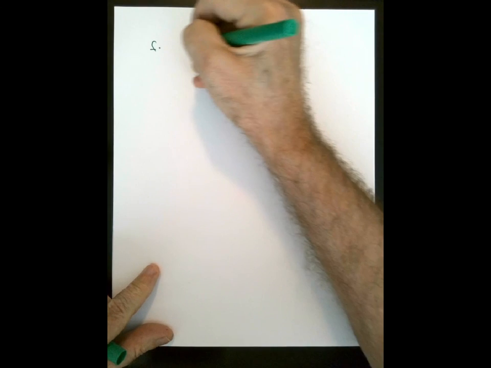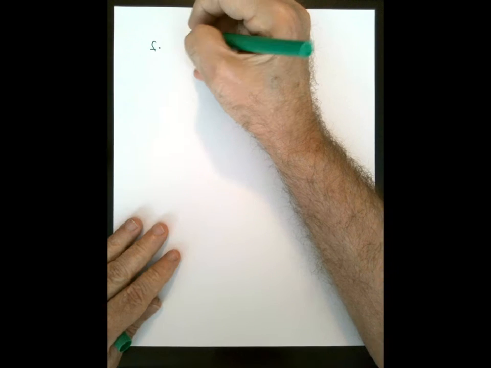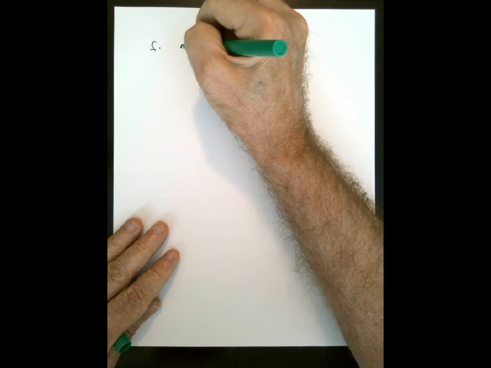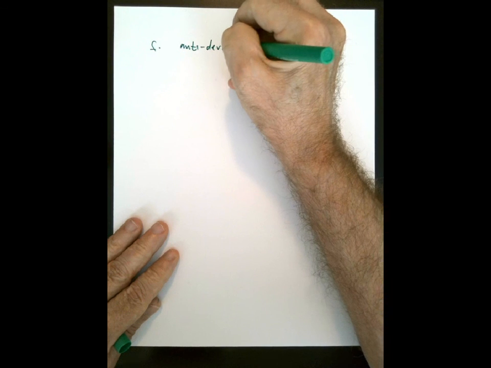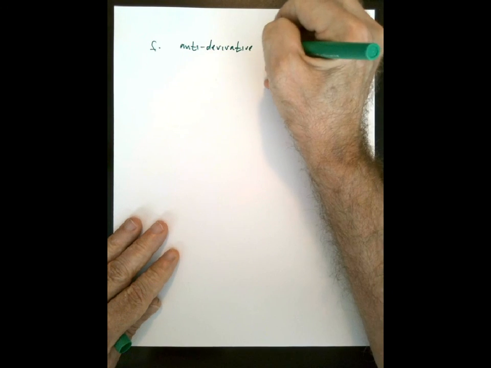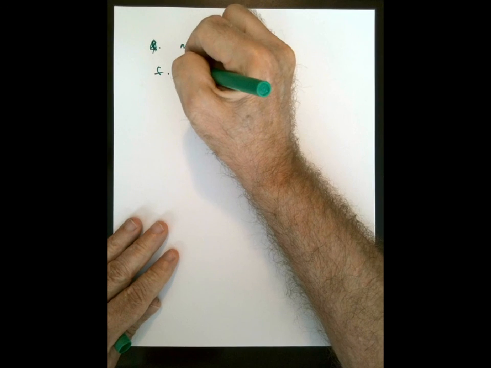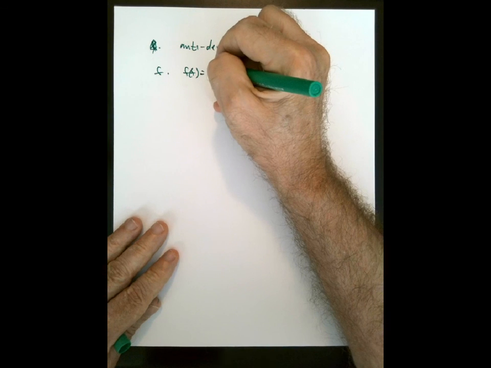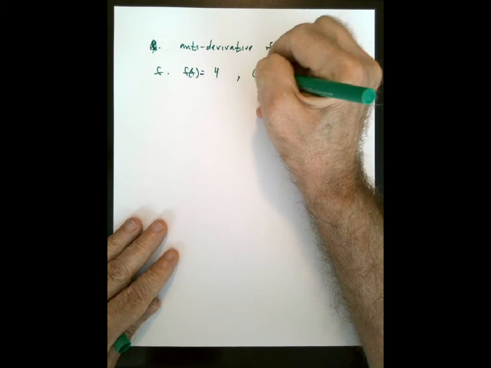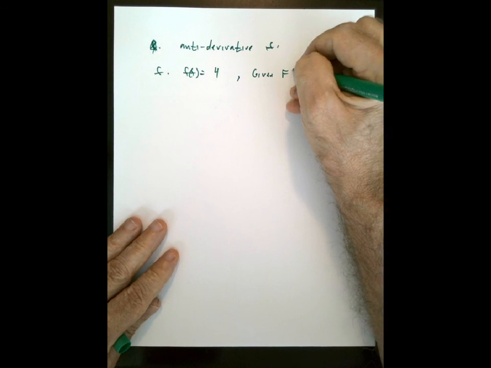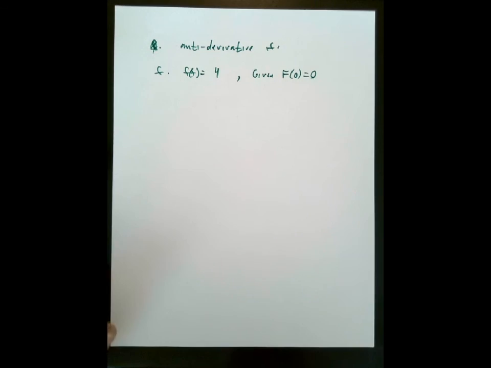Find the antiderivative if f of x is equal to 4, given that capital F of 0 is equal to 0.